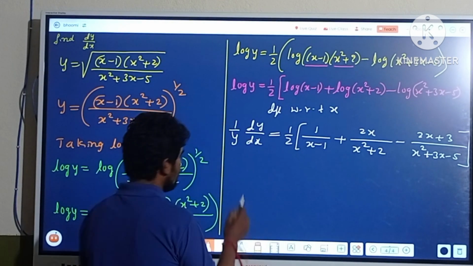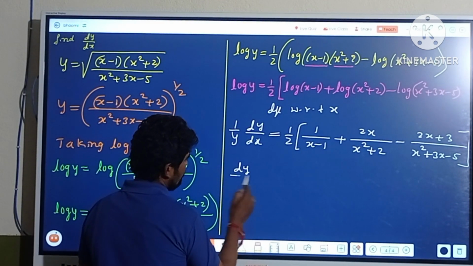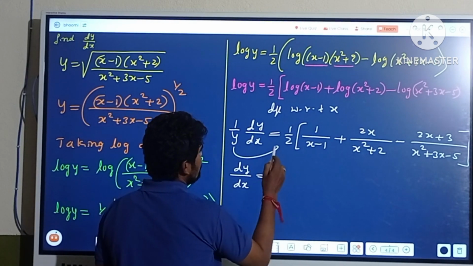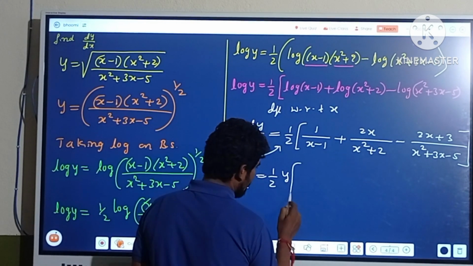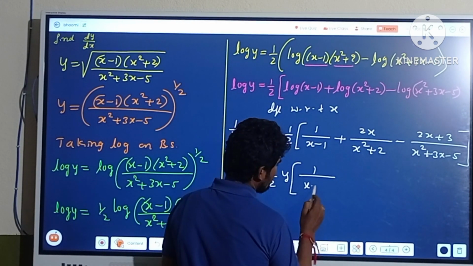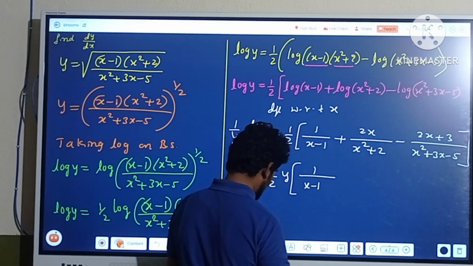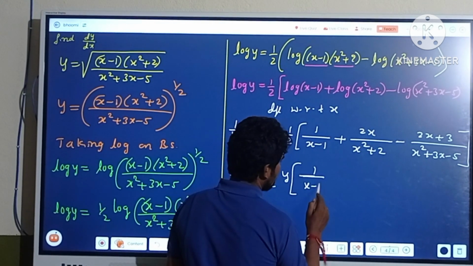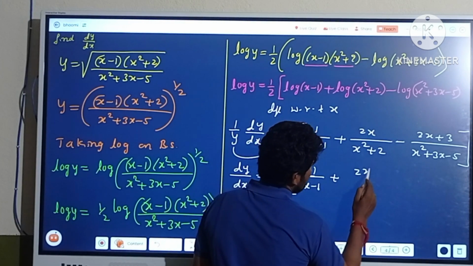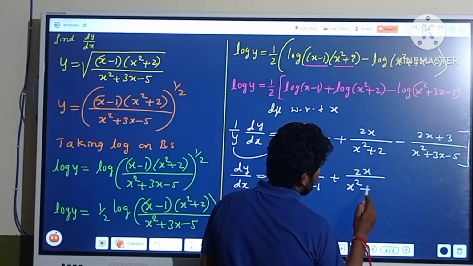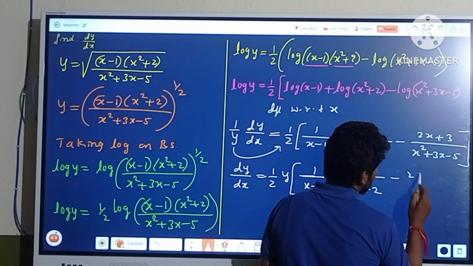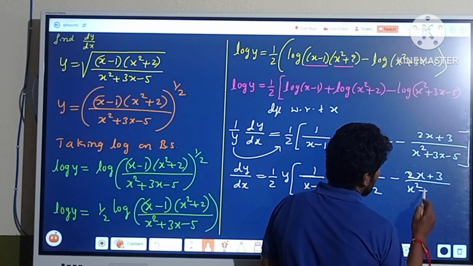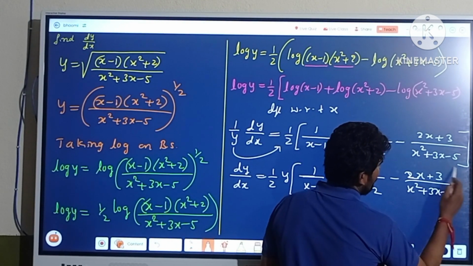So finally dy by dx is equal to 1 by 2 into y, shifting the y, into 1 divided by x minus 1 plus 2x divided by x square plus 2 minus 2x plus 3 divided by x square plus 3x minus 5.